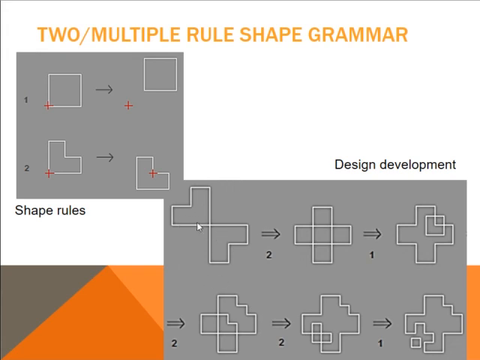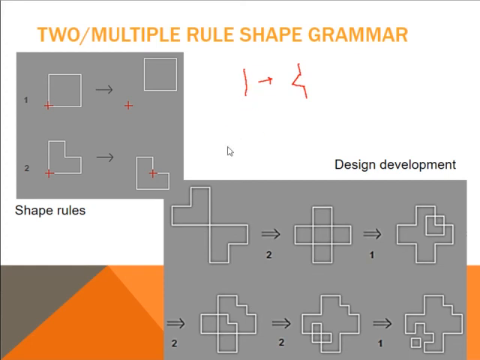So last week I mentioned, if you still remember the rules, I show you one example using a single line. Okay, so the rule is something like this. If you still remember this, the design development process can start with a triangle, right?